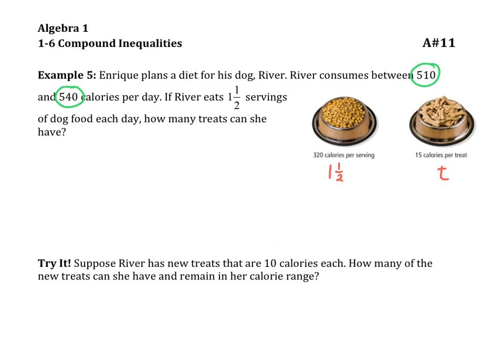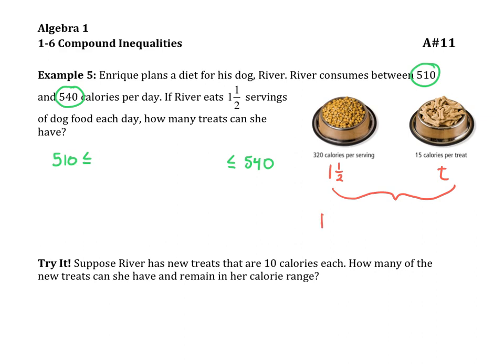So when setting up this inequality, we know that 510 is going to be on the bottom, 540 is going to be on the top. It says between, so depending on how we interpret that, do we say less than or equal to, or do we say less than? We can interpret that later, but for now I'll put this. This is the total number of calories in terms of a formula.